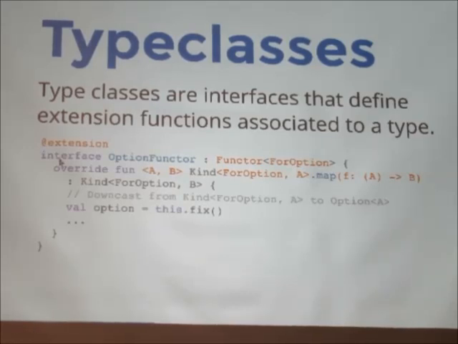A lot of times you can write functions that depend on some specific behavior of Kind without really specifying what exactly we want. You're right in that it is extremely similar to interfaces, and in Kotlin it's sort of a hack to get type classes to work.